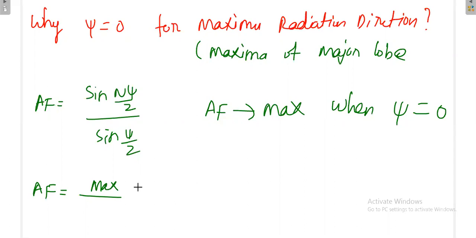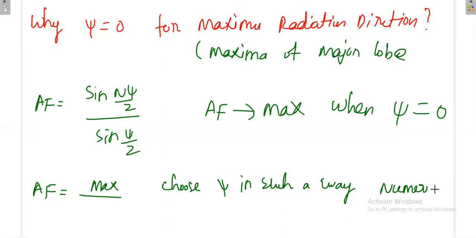When I choose psi in such a way that the numerator is maximum, but not psi equal to 0, that is called the maxima of the minor lobe. Once you choose psi in this manner, that will give you some angle, theta.